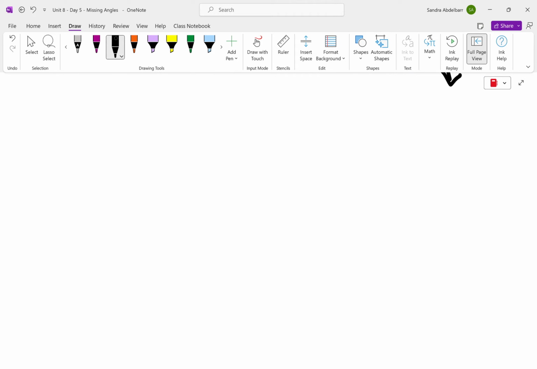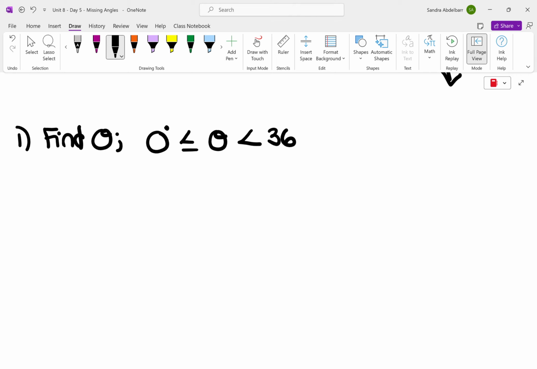So what I want us to do is find theta. And I'm telling you theta will be between 0 degrees and 360, including 0, but not including 360.